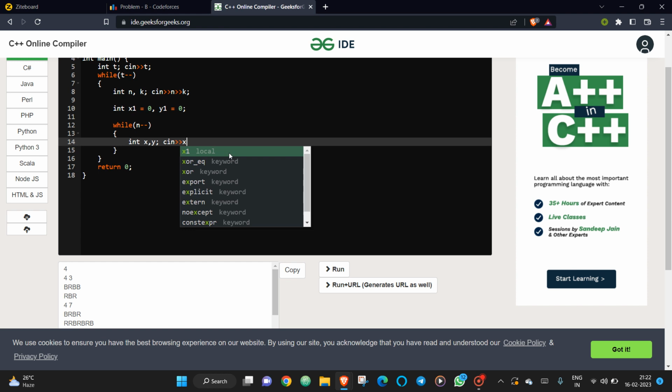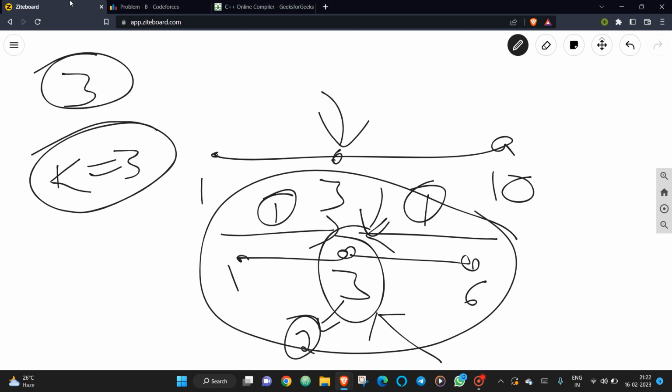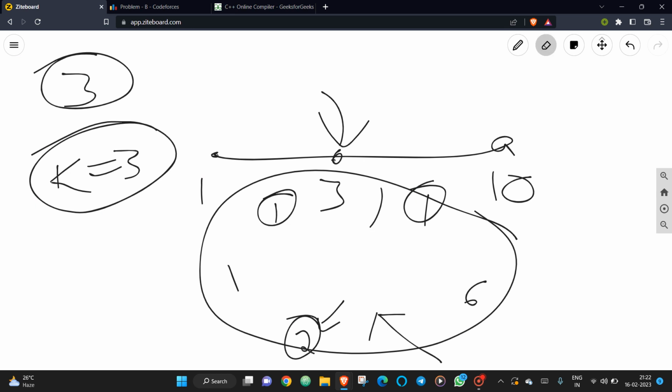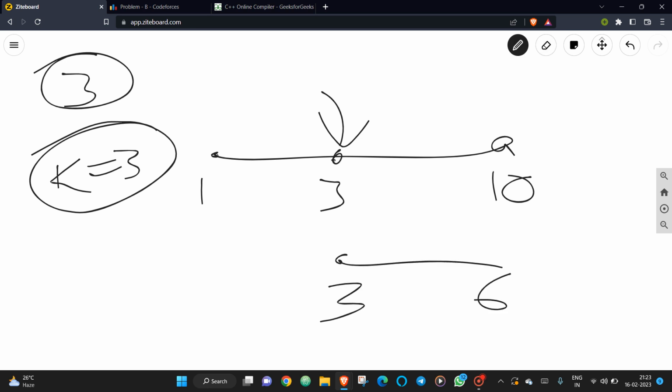Now I'll take the two given integers, x and y. If our x is equal to our k, then it is one endpoint from the right side, right? That means if our k is 3 and our range is 3 to 6, then your x point is equal to your k, right?